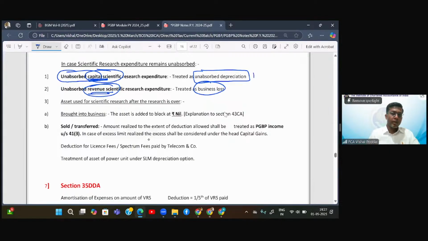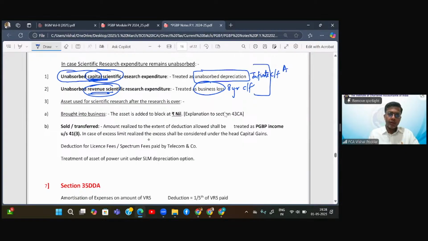What is the difference? You can carry forward this infinitely, and business loss can be carried forward only up to 8 years. Again, all this is part of the carry forward and set off chapter. Capital expenditure on scientific research, any number of years you can carry forward and set off. But if you are carrying forward the revenue scientific, the treatment is same like other business loss, limit is 8 years.